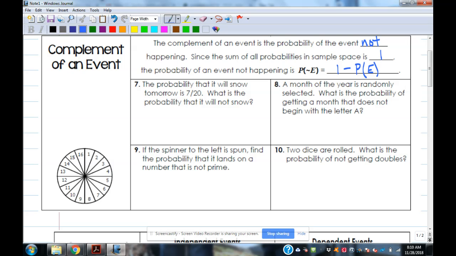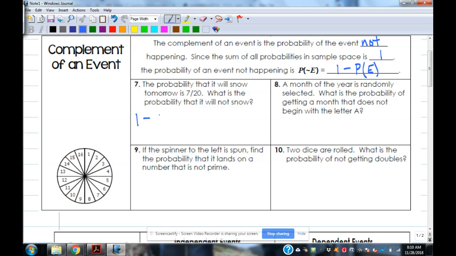The probability that it will snow tomorrow is 7 out of 20. I'll take those odds. That's better than what I think it will actually be for a chance of snow tomorrow. What's the probability that it will not snow? So the complement of that.